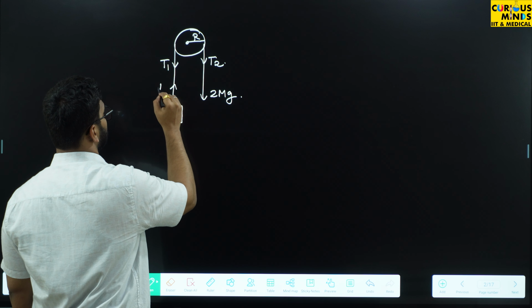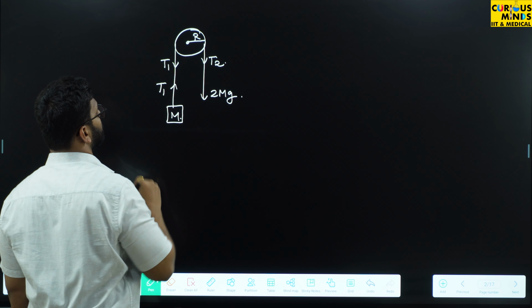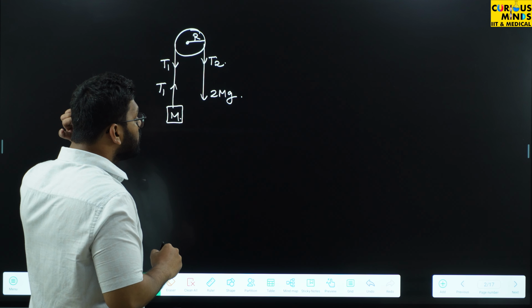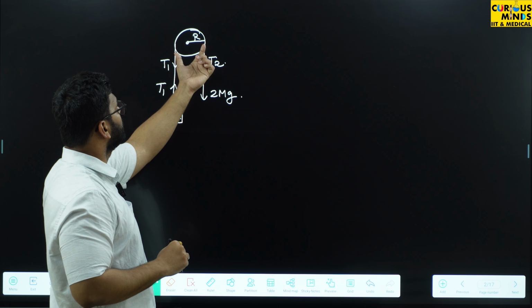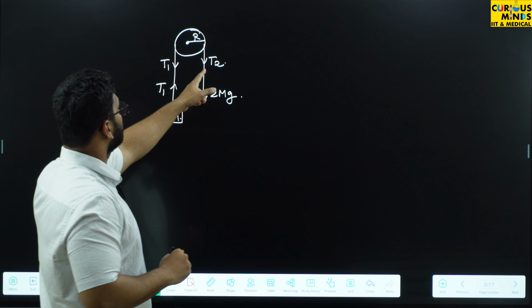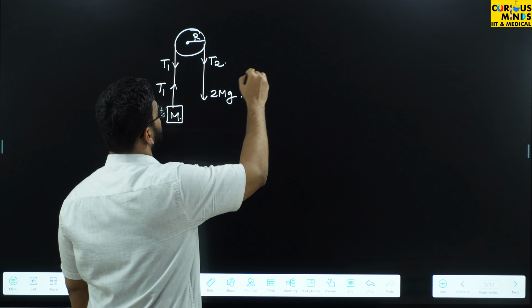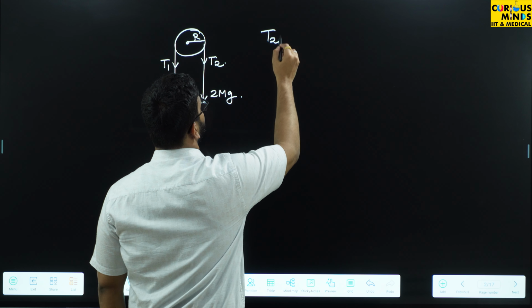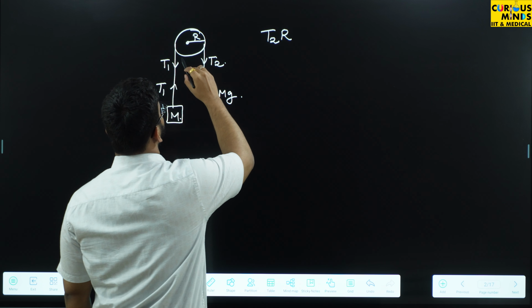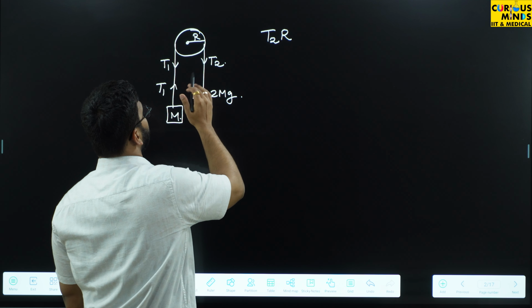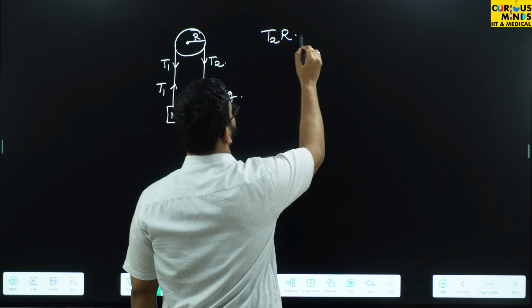The torque on this pulley because of T2 will be T2 times R, which is clockwise, and T1 is anti-clockwise, so let me call it minus.